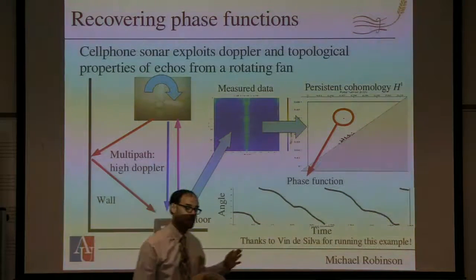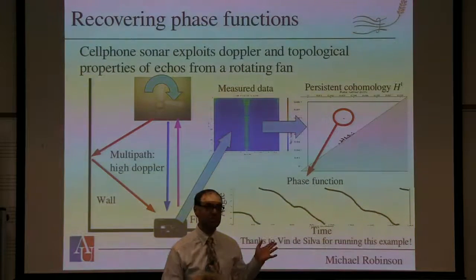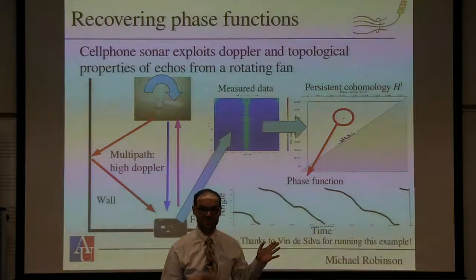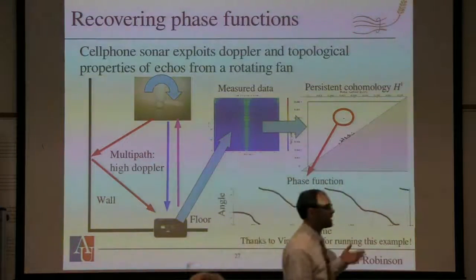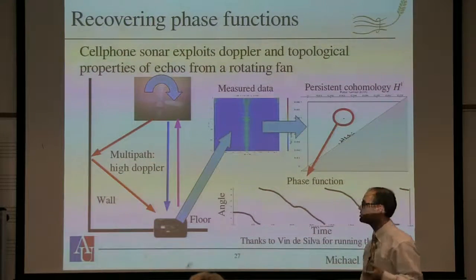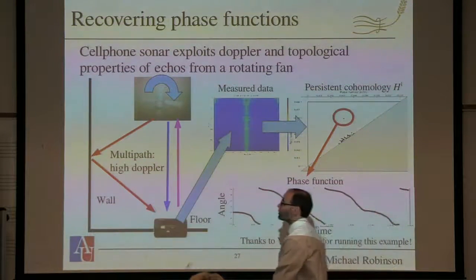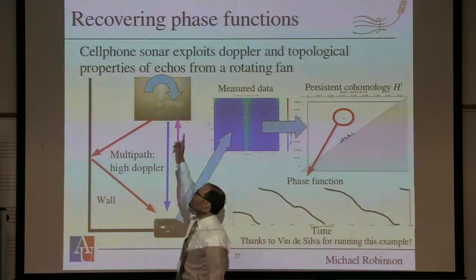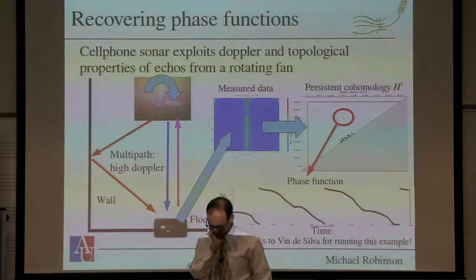This is not rocket science, but the realization is, if I have a cell phone, it can transmit and receive at the same time, because that's what a telephone does. A telephone transmits and receives sound at the same time, so my cell phone should be able to be pressed into service to do that. And I really was interested in, can I hear the changes in Doppler as this ceiling fan rotates?